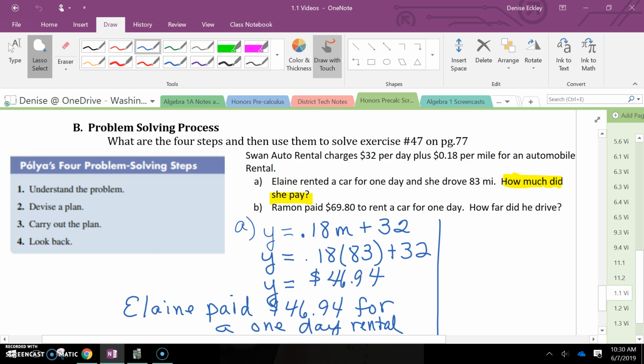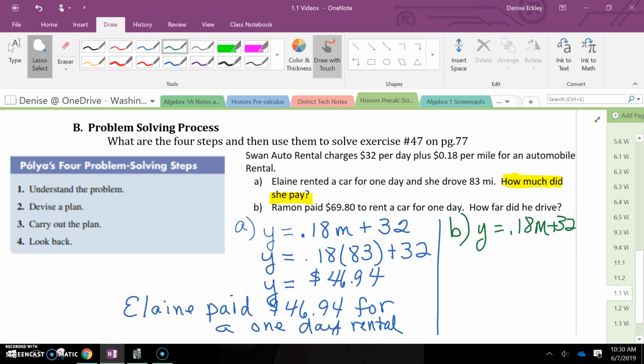So we have to devise a plan for that. So the charge is the same since it's still the Swan Auto Rental payment, rental car place. So we can use the same equation and solve for M this time. So that is our plan. So now we're going to go ahead and carry that out. So we're going to write, again, y equals 0.18 M plus 32.